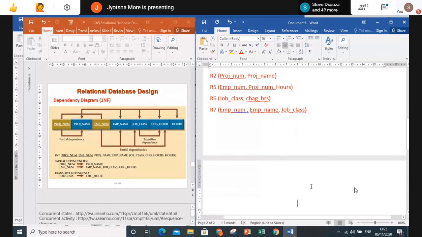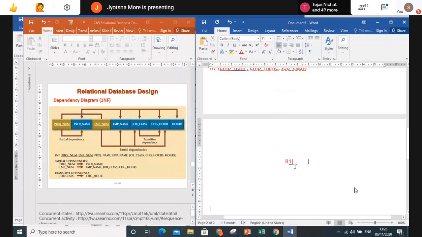So for example, you will say R1 and write down what is R1. Inside that, whatever we have written, write it down. Now draw the tree for this. You know how to draw the tree. Line. How you are breaking the R1 into two relations, that is R2 and R3. So write down for R2 what are the things, for R3 what are the attributes.